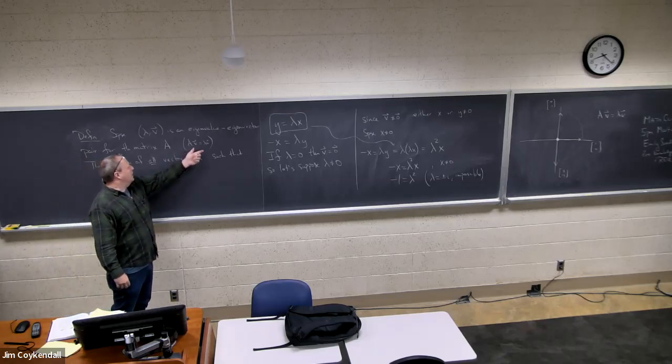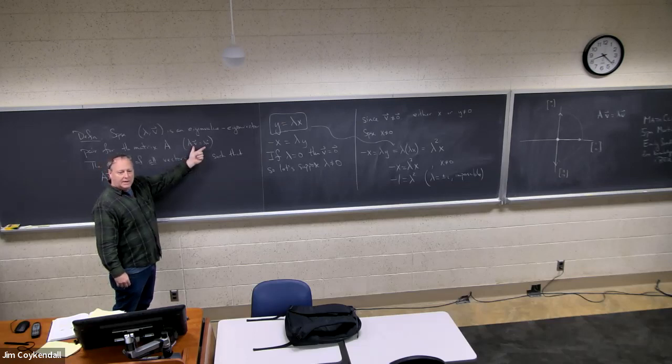Let me point out that if you have a non-zero vector b and Ab equals lambda b, well, okay, that works, but b equals 0 also works. Does everybody agree with that? b equals 0 will always balance.